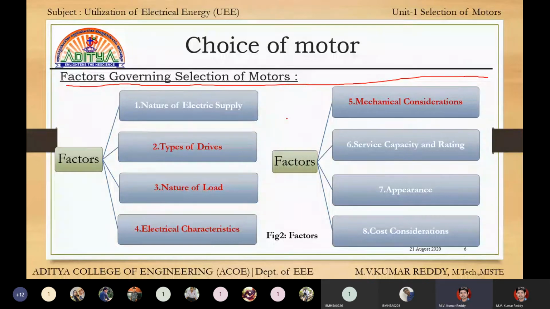If you study these eight factors, then unit 1 is almost 90% completed. Of these eight factors, five are very important: types of drives, nature of loads, electrical characteristics, mechanical characteristics, and service capacity and rating. These five are very important because they are included in the syllabus.